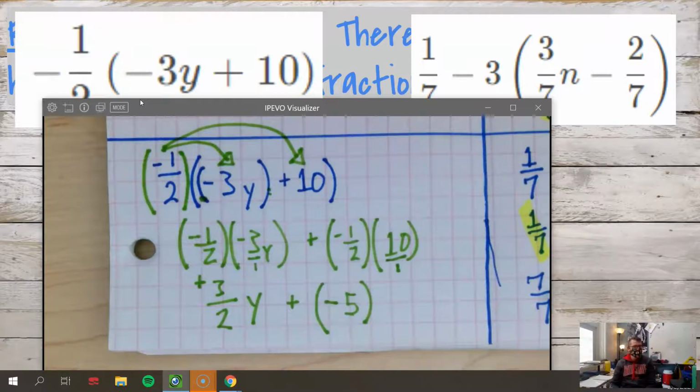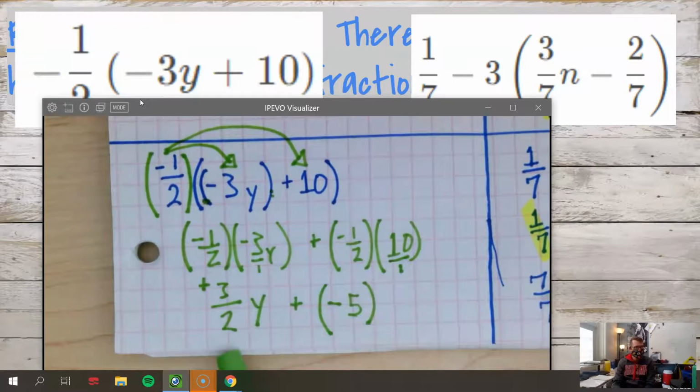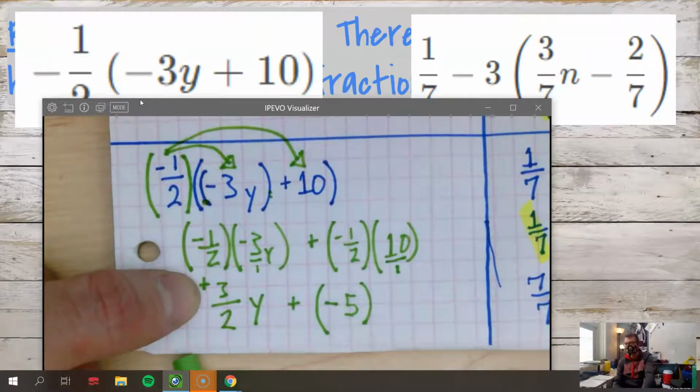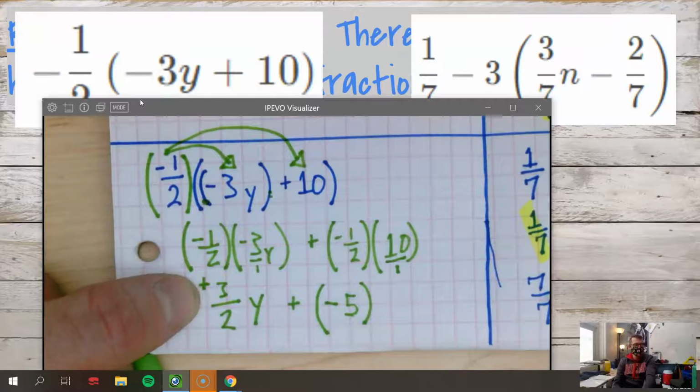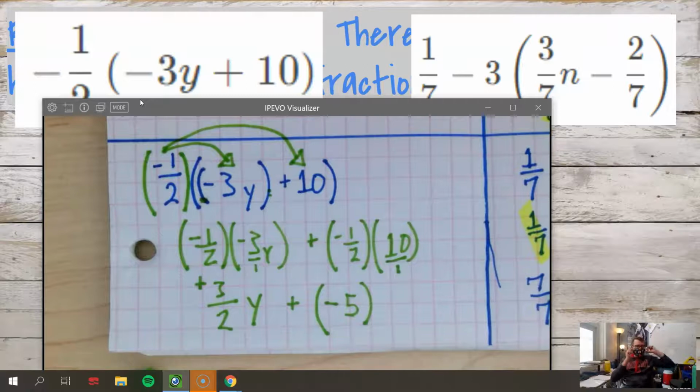The things happening here are that a negative times a negative is a positive. That's why I wrote this plus. It is unnecessary. That plus sign doesn't really need to be there. It's just indicating that we get a positive.